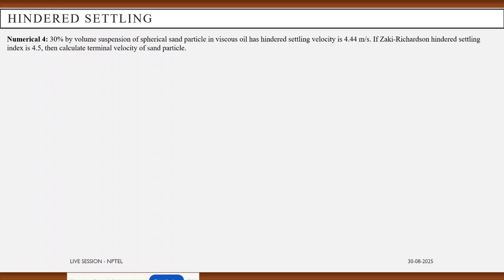It says that a 30% by volume suspension of spherical sand particles in a viscous oil has a hindered velocity of 4.44 meter per second.